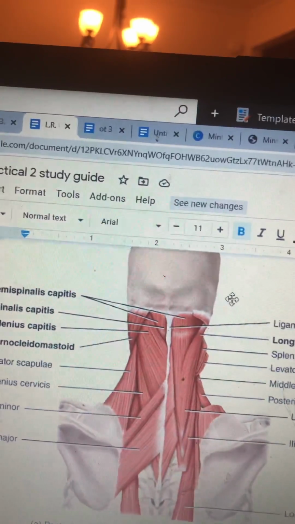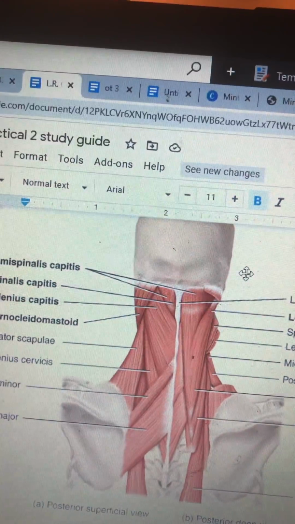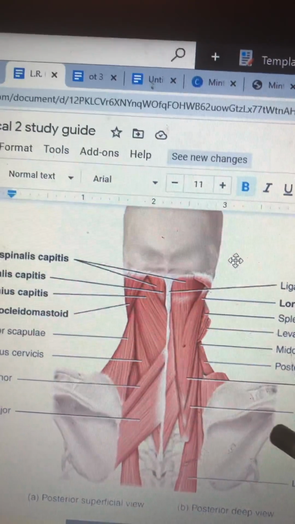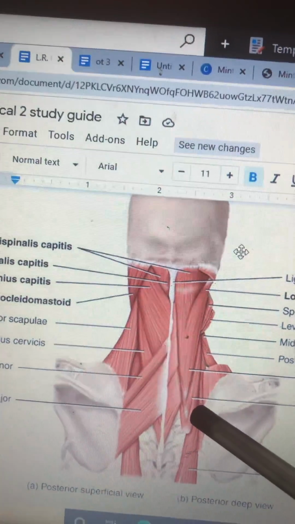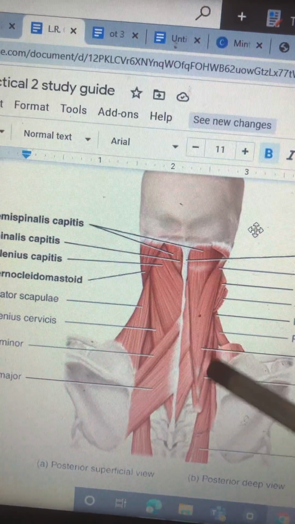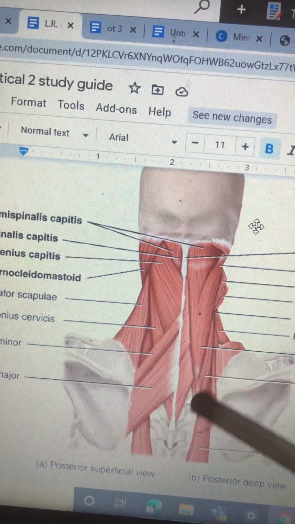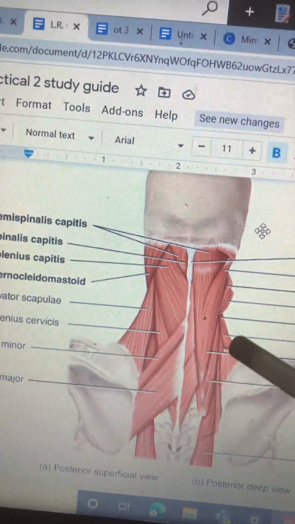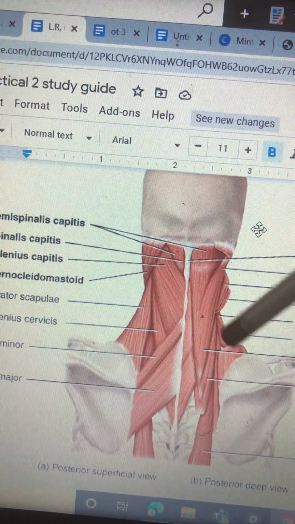For my lab, oh no, it was actually lecture. It was lecture. So iliocostalis cervicis is this one. And the posterior and middle scalenes, we did those.